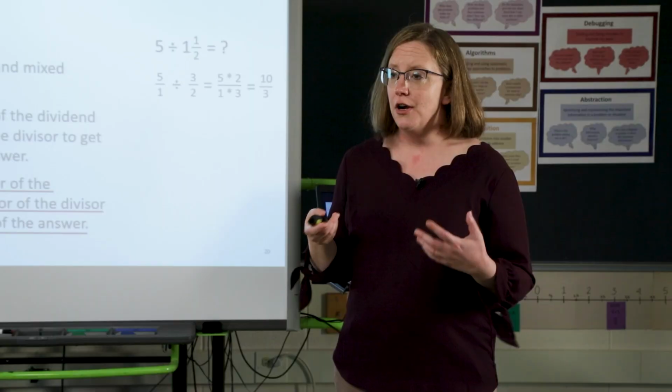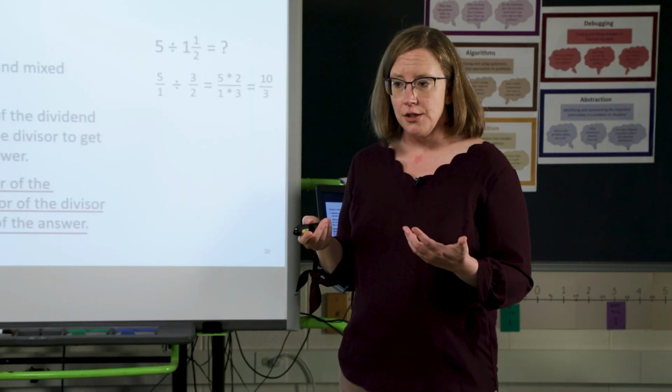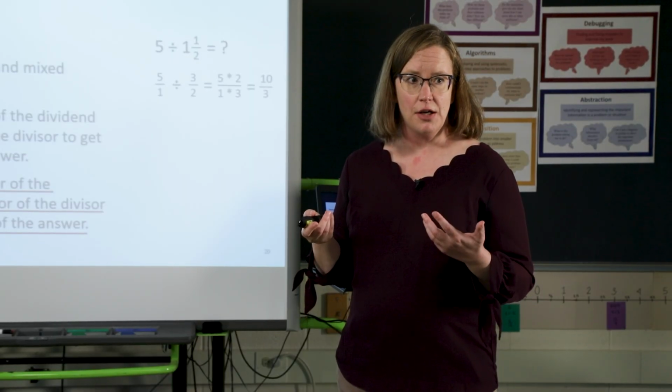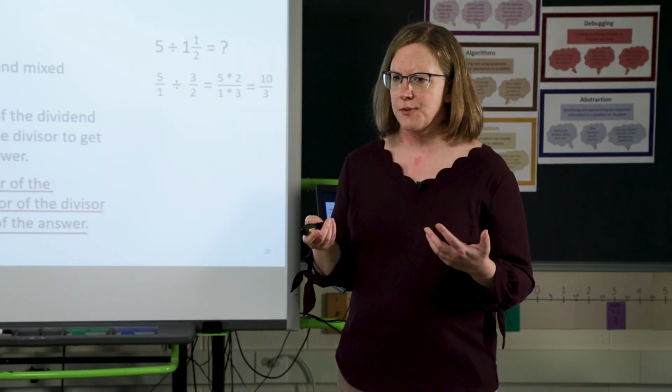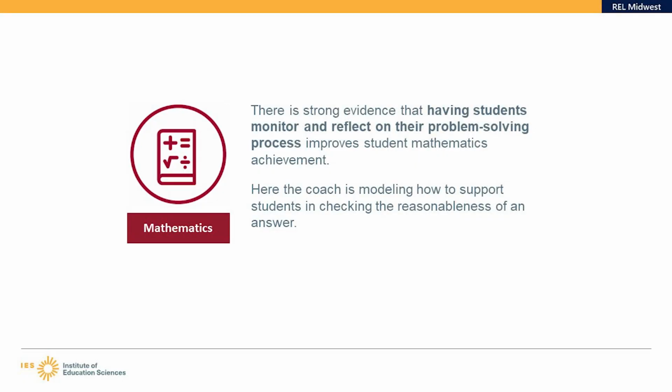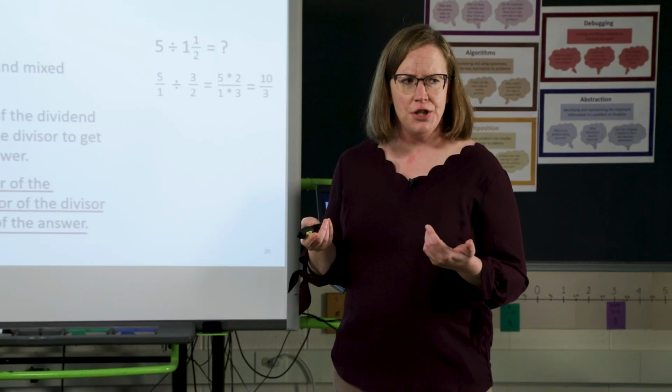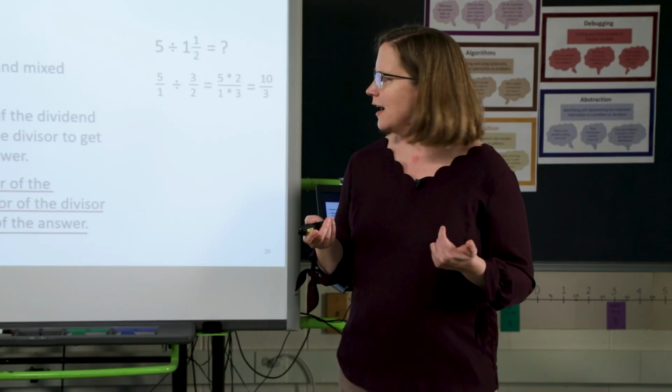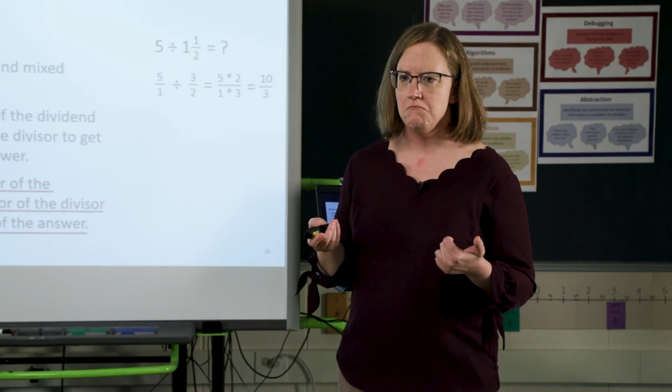But just to make sure our algorithm's working like we hope, it's always good to check it. So can we think of a different way to think about this problem that would help us be sure we got a good answer? Is there a different strategy you could use to divide 5 by 1 1/2?